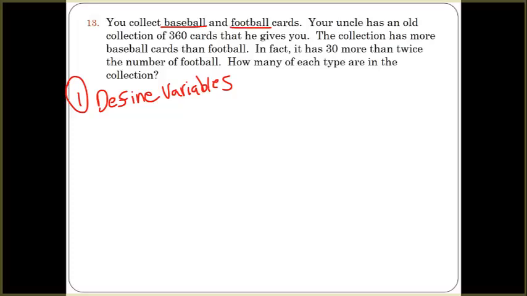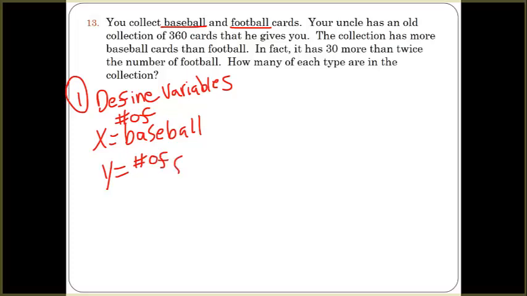Bam, there are your variables. So x is baseball. And if you want to put number of, that's fine. Y equals, let's do number of football. And if you want to put cards, that's fine. I'm not going to be too specific with that. This is just to help you set up the equation.